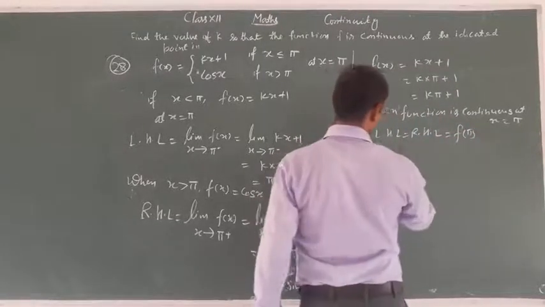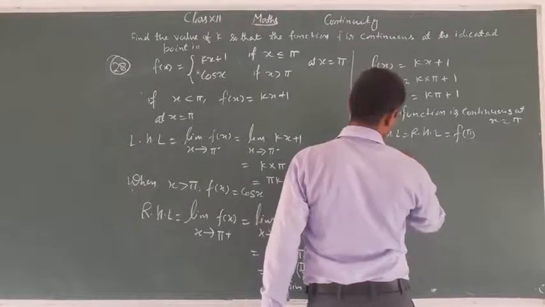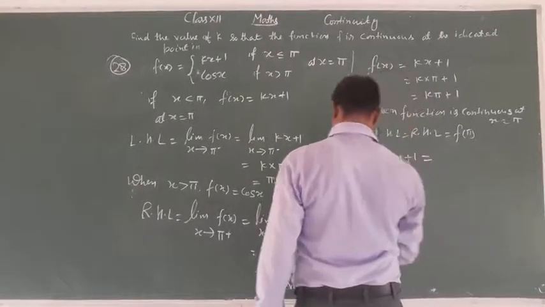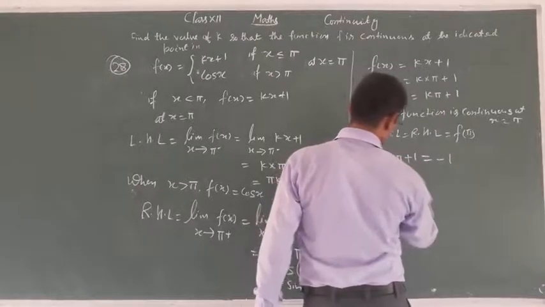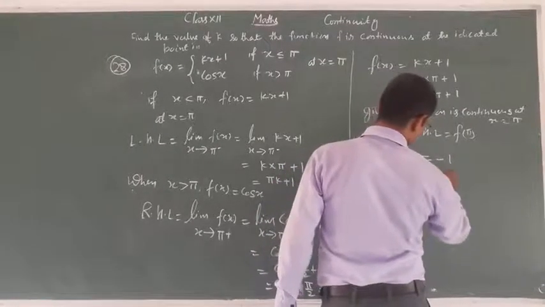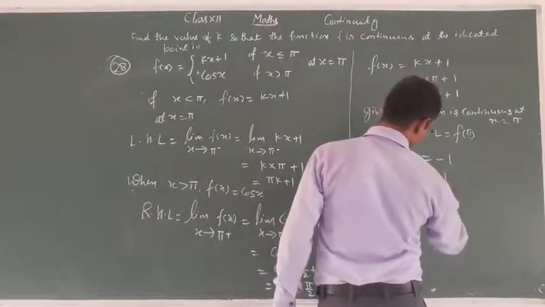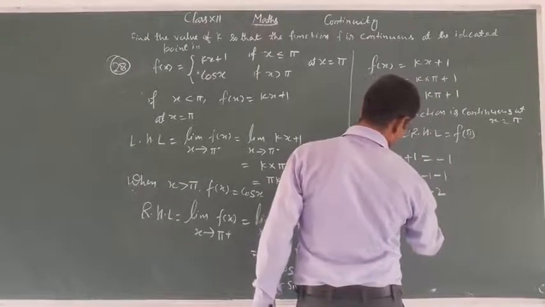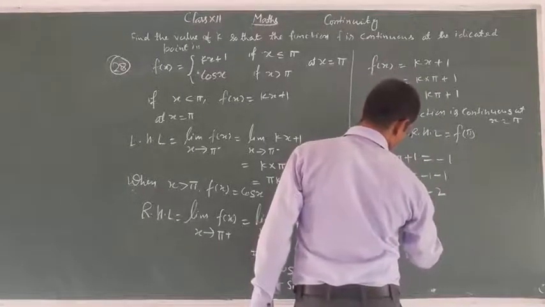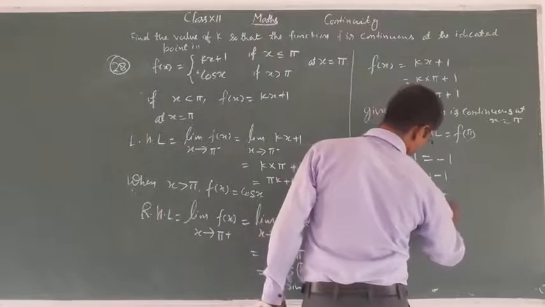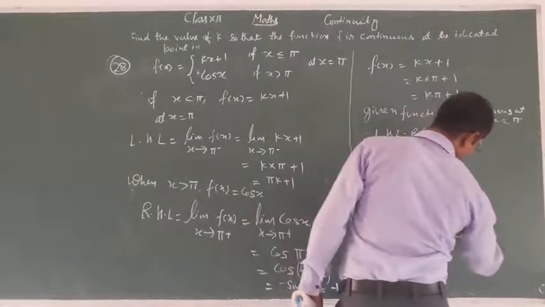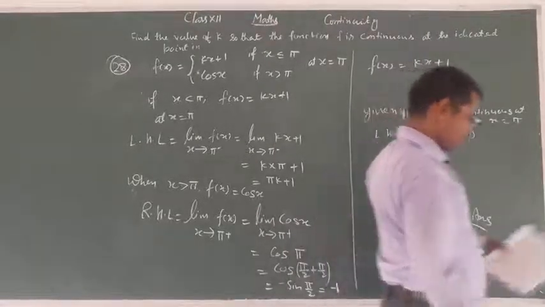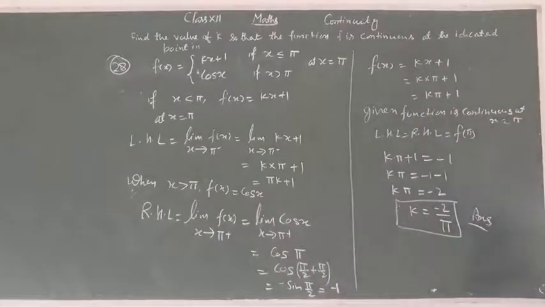So now k pi plus 1 is equal to minus 1. So k pi is equal to minus 2. Therefore k is equal to minus 2 upon pi. This is the answer.